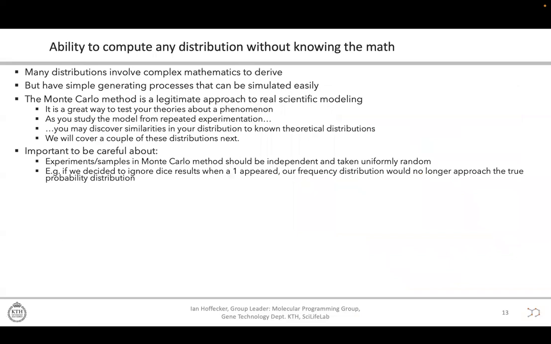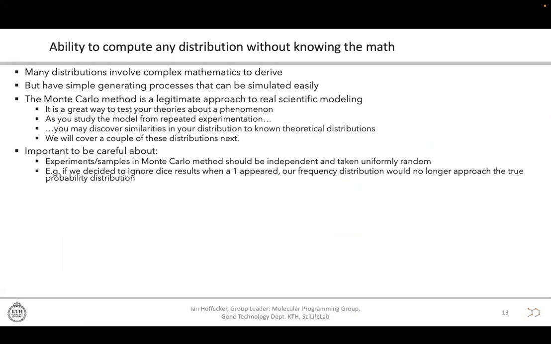This example may be a bit specific, but it illustrates an important point: you can use random number generators and computers to get a lot of information about any particular distribution, as long as you can replicate the generating process behind that distribution.